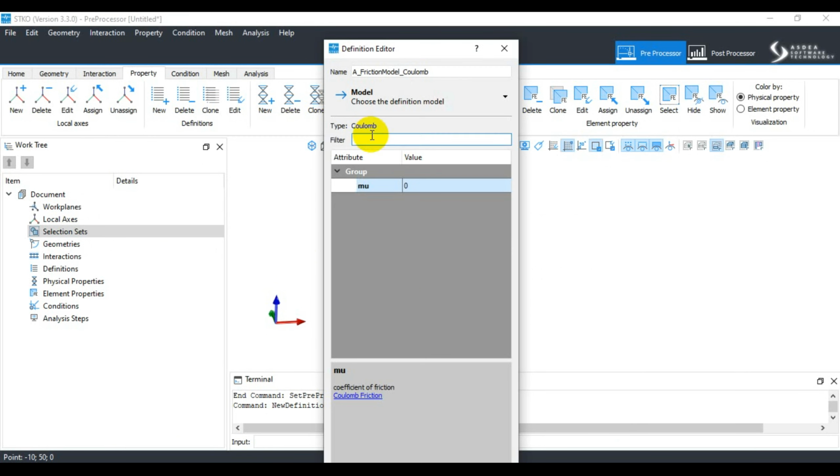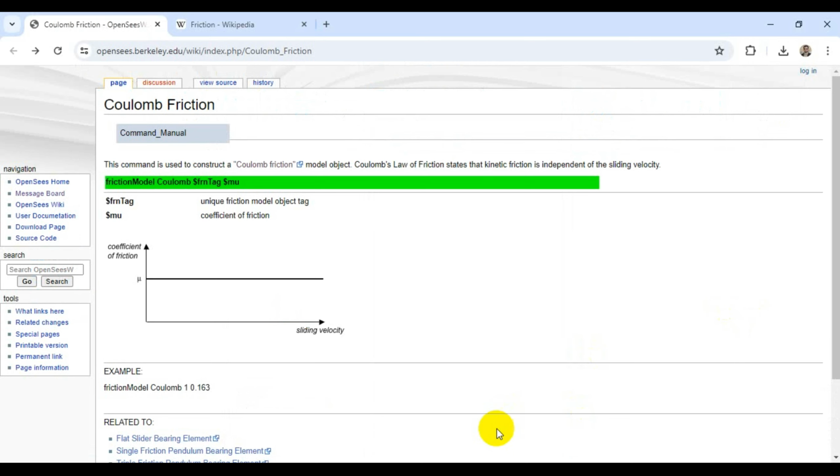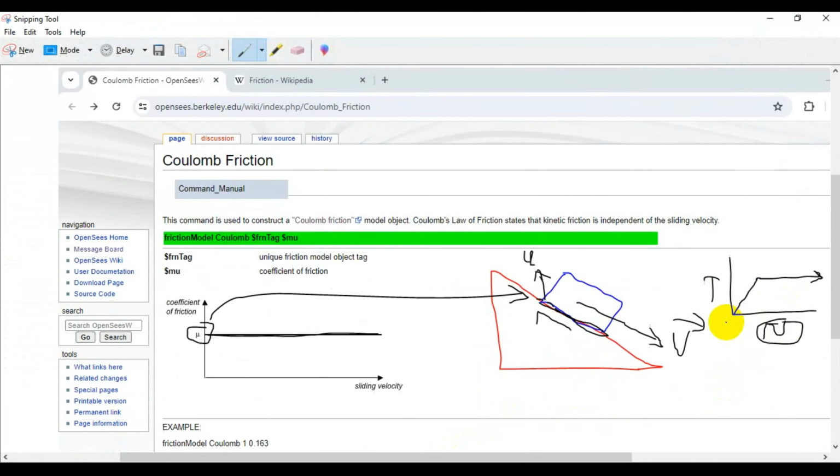So when you are defining it in the STKO environment, you have to define this friction coefficient. And the model behavior, as I mentioned here, is that if the relative velocity is zero, the model is stuck, and the transmitted force is directly proportional to the coefficient of friction times the normal force, F equals nu N, right?